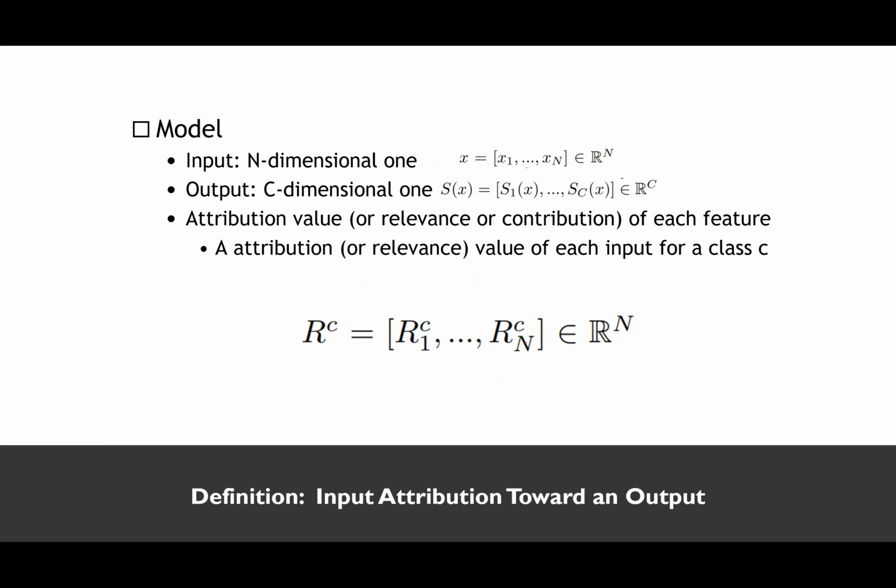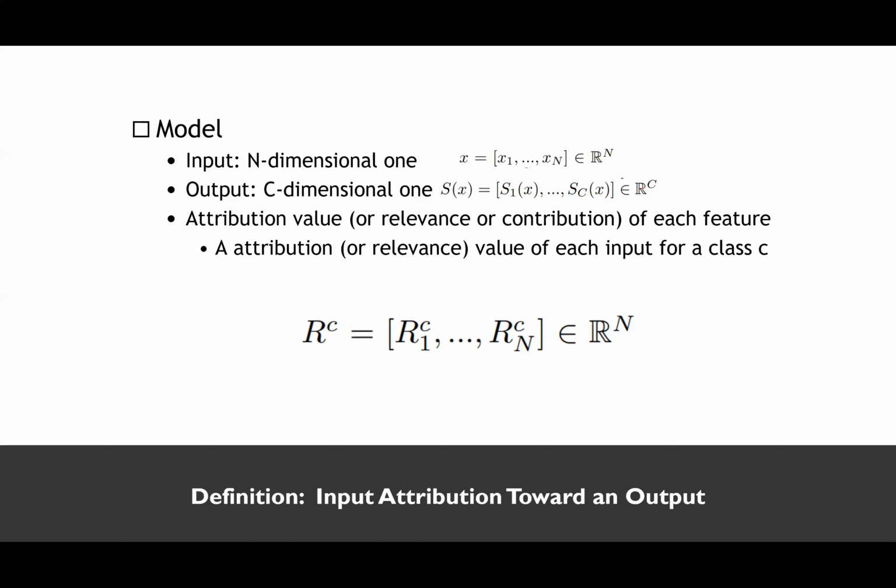Given the model, with n-dimensional input data x, from x1 to xn, we also have a c-dimensional output, where the cardinality of c is the number of classes or categories. We define those as S1(x) to Sc(x), so we have c of those categories.